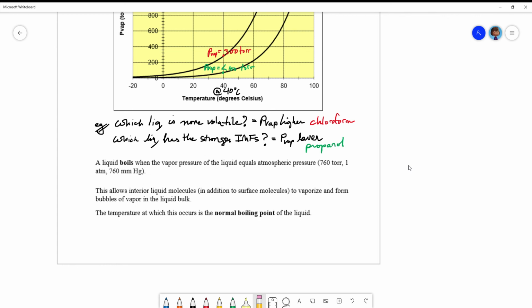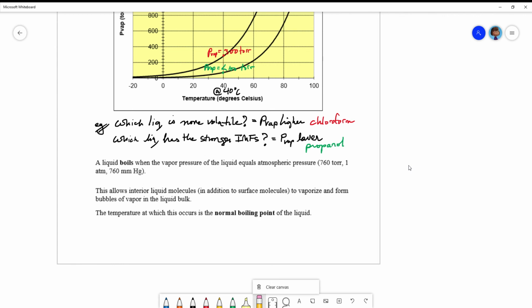Everybody has boiled water. And how do you know when the water is boiling? It's not because you see steam coming off the surface. That's not when the water boils. We know the water is boiling when we see those big fat bubbles in the water. So there's a bit of a difference. It's not the same as vaporization, is it?